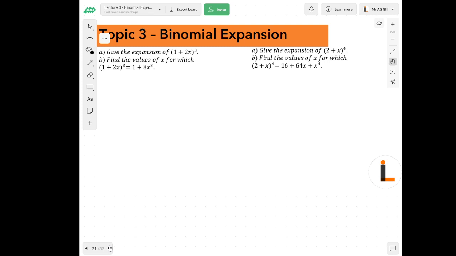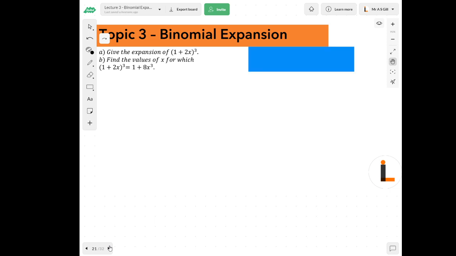So let's have a look at these two questions. Let's go through the question on the left to start off with, and do the expansion first. And then we'll have a look at that second bit about finding the value for x, or values plural for x, sorry.